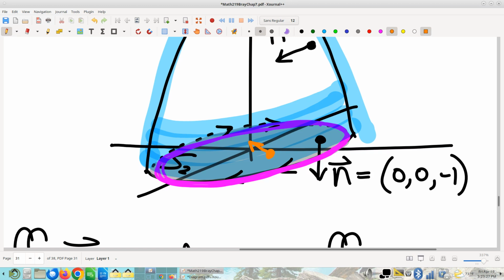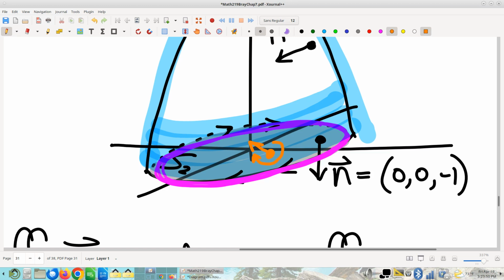But now, we're going to play the game. Right hand, thumb. I'm going to point my thumb in the direction of that normal vector. Let me do it a little bit out of the way. Thumb in the direction of that normal vector. And you see my fingers of my right hand are making a swirl that is kind of like that.